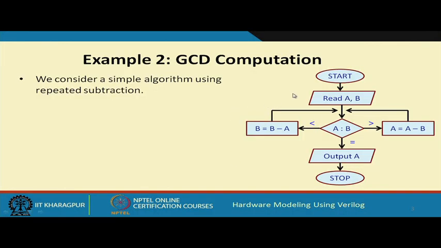The problem that we consider here is GCD computation, greatest common divisor. You recall the GCD of two numbers is defined as the largest integer that divides both of them.